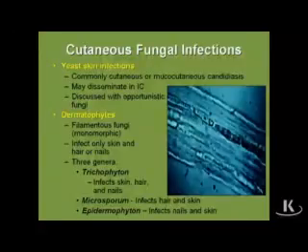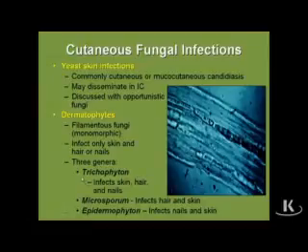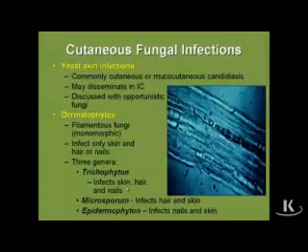All right? Now, this is one time where we're not going to focus on species. We're going to focus on the genus. So the three genera that are really important cutaneous infections are number one, Trichophyton. And how you're going to remember what it infects is by the name, tri, meaning 3. So we infect the skin, the hair, and the nails. Okay?